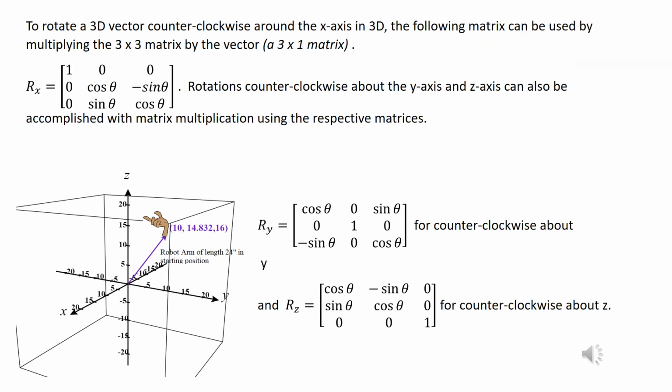Now, it might be helpful to know that if you're trying to rotate in 3-dimensional space around the x-axis, the following matrix will give you that rotation, where the first row, first column has the value 1, and then the rest of the first row and the rest of the first column are zeros.